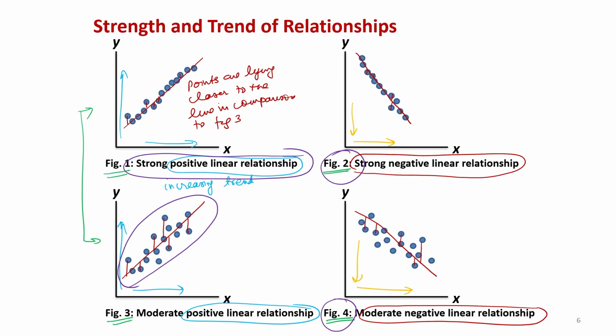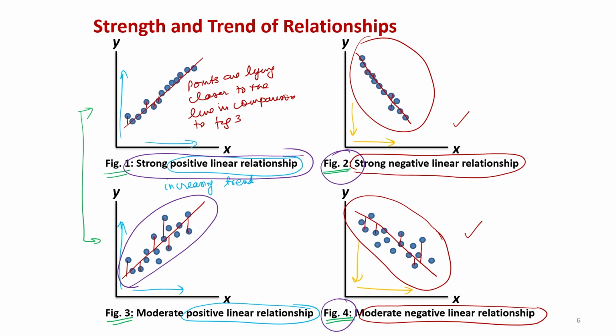The trend is negative in both. Since the points in figure 2 are lying closer to the line in comparison to figure 4, we can say that the linear relationship between x and y depicted in figure 2 is stronger than the linear relationship depicted in figure 4.